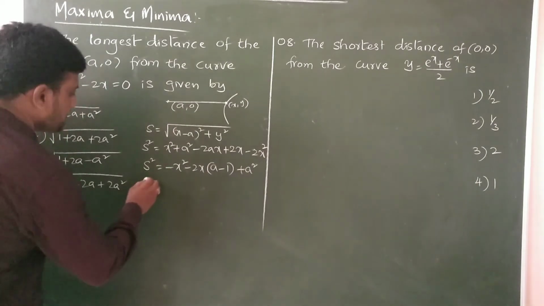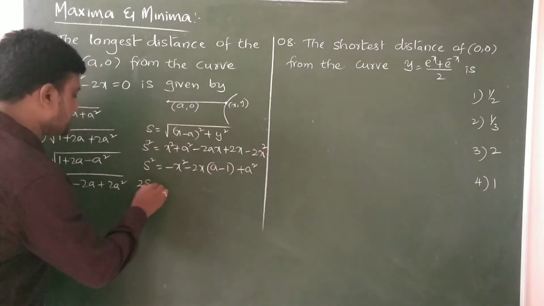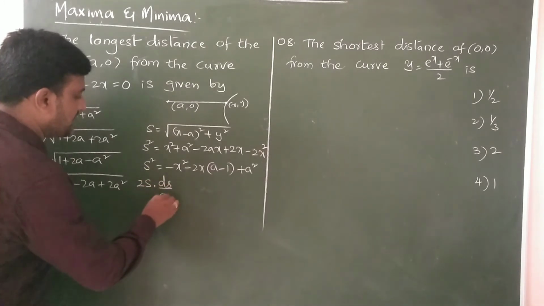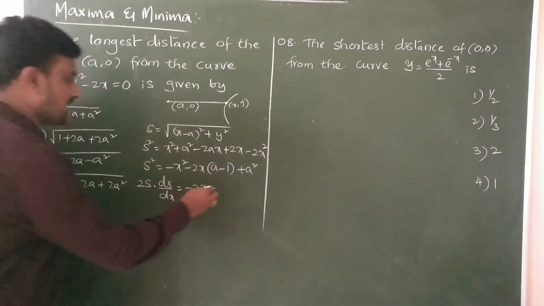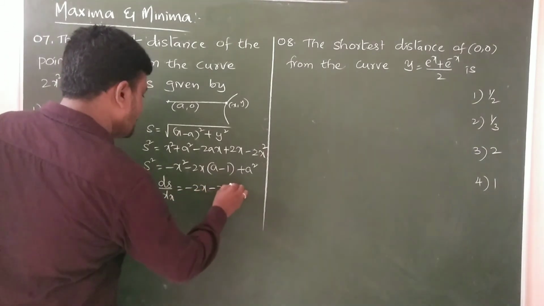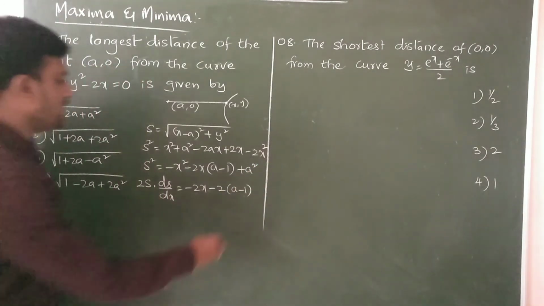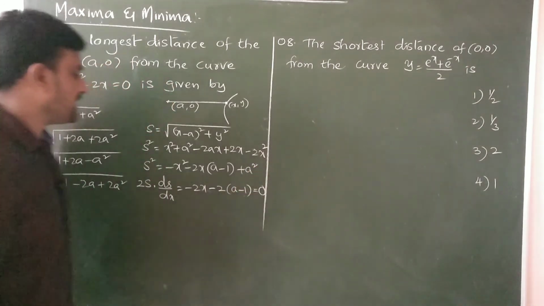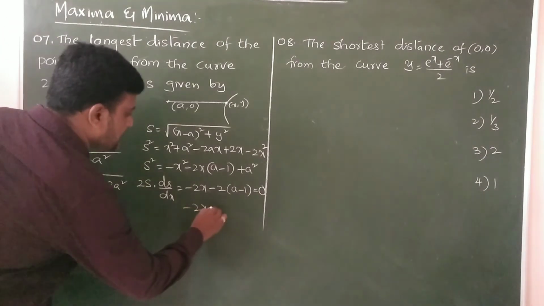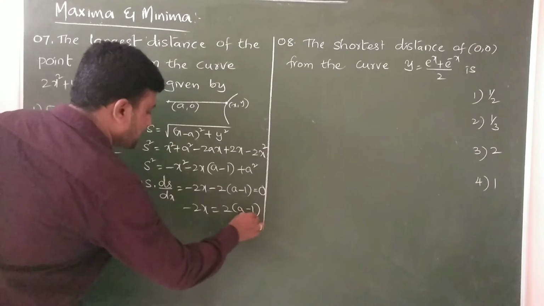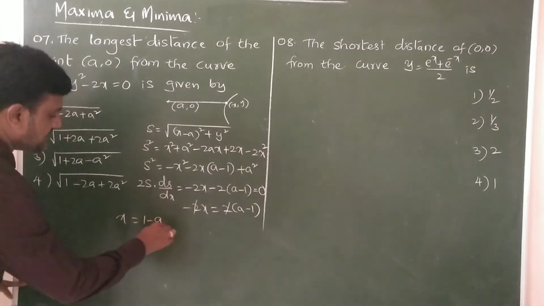Okay, now differentiating: 2s ds by dx equals minus 2x, plus 2 into a minus 1, equals 0. Now let that equal 0 for getting the points. Minus 2x equals 2 into a minus 1, the 2 gets cancelled, then x equals 1 minus a.